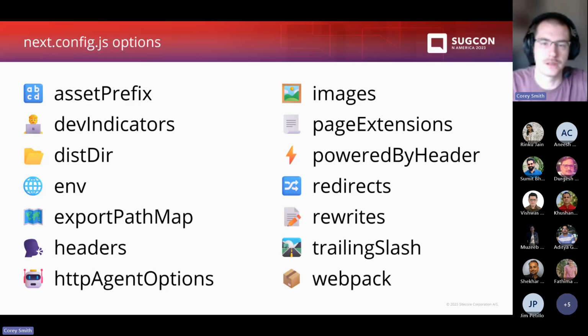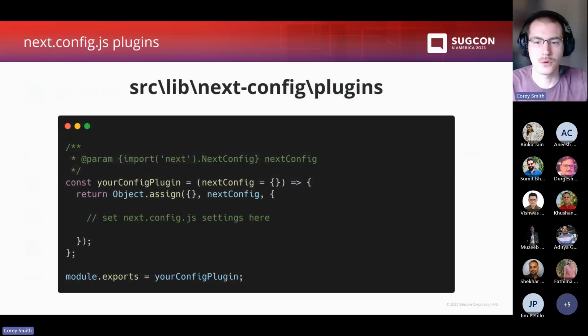If you're coming from the .NET world, making changes to the next.config.js directly are kind of like making changes directly to the web.config. Don't do that. So the Sitecore Next.js SDK has a really nice feature called config plugins that lets you modify the Next config without editing it directly. So in a new Next.js application, you can find some examples of the config plugins in the lib/next-config/plugins folder.